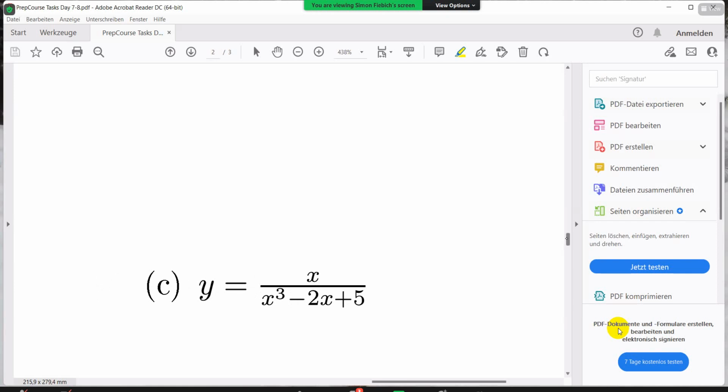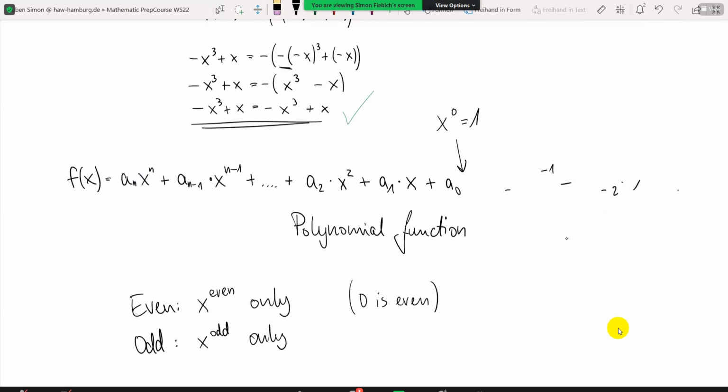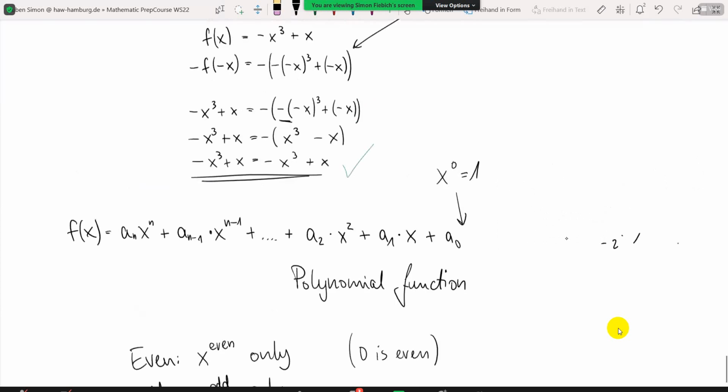Just a second, but I just looked up the sample solution, but it's not. Okay, so let's get this back very quickly. I'm sure about this anyway. So let's not talk about fractionalized functions because the sample solution tells that it is not an odd function. We will check this tomorrow together by applying our rule, which definitely is true for odd functions.